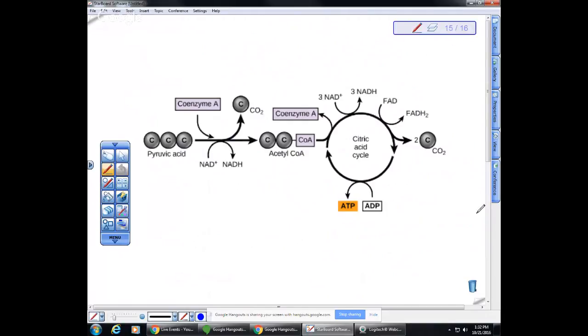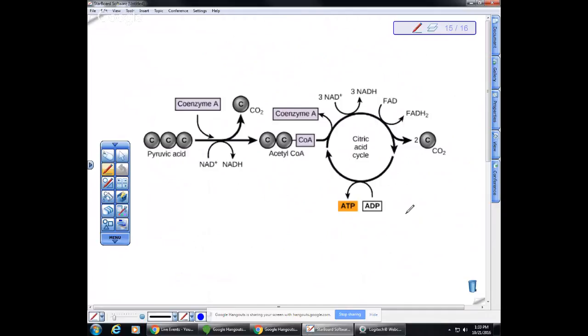This shows the 3 carbons of the pyruvic acid, also shows that we release one and then we get 2 carbons. It doesn't show the formation of citric acid, which is, remember, this 2 plus the 4 in the oxaloacetic acid, but it does show the things that are outputted.